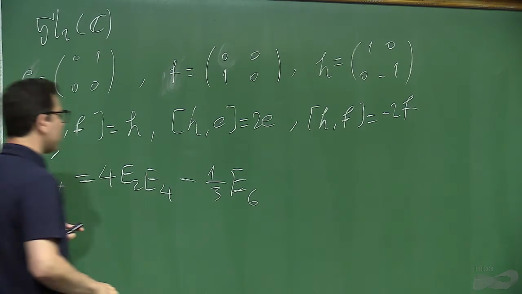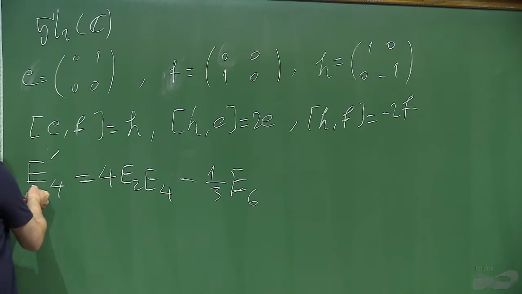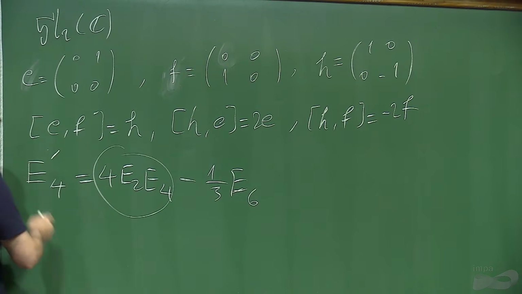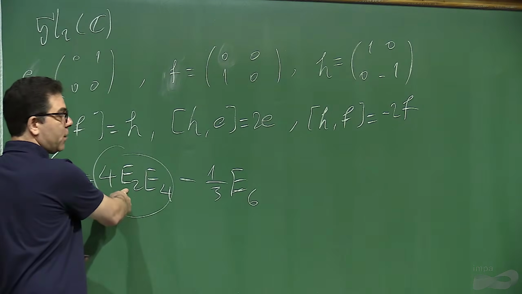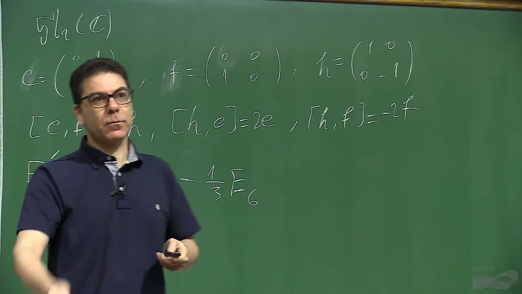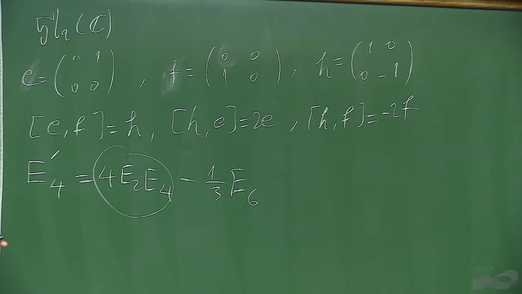Yeah? So the derivation of E4 is not anymore a modular form. E4 is a modular form, the derivation is not a modular form, because E2 appears here, and E2 is a quasi-modular form, so we don't have a modular form anymore.